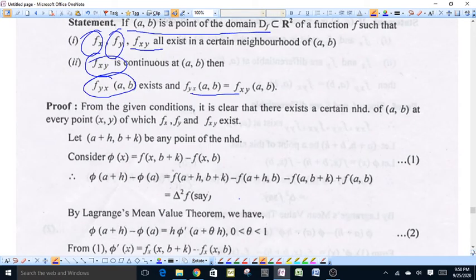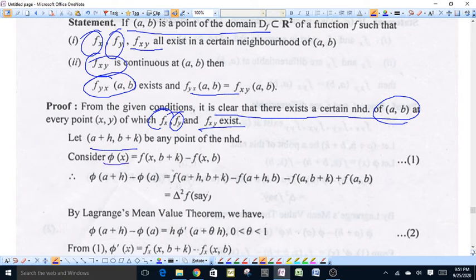From the given conditions, it is clear that there is a certain neighborhood of the point (a,b). At every point of this neighborhood, the partial derivatives of f with respect to x and y and the second order partial derivative f xy exist. Suppose that (a+h, b+k) is any point of the neighborhood of (a,b), and we consider a function phi(x) equal to f(x, b+k) - f(x, b).